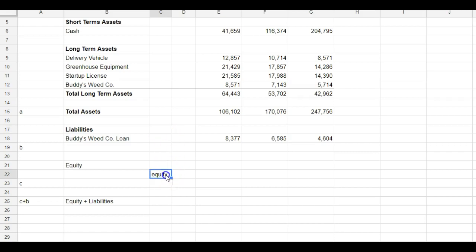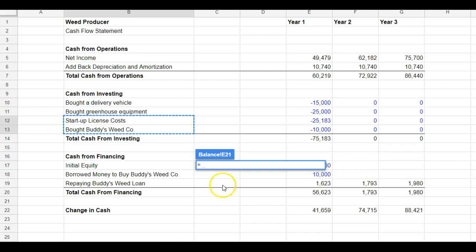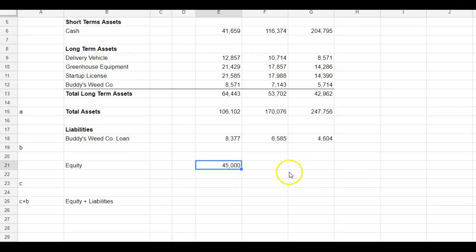Now equity, interestingly enough, the way equity works on a balance sheet, we've got the equity we sold. We know we did 45,000 bucks there, right? And then we've got something called retained earnings.